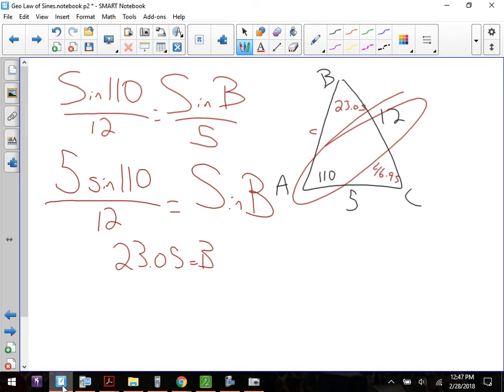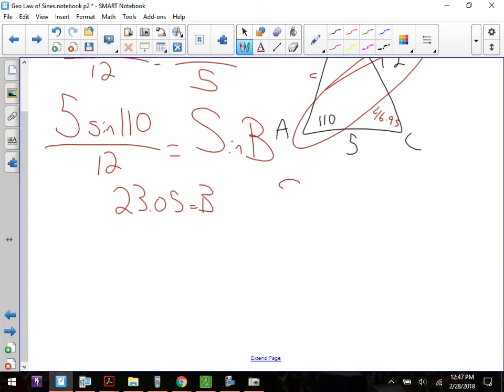And then I have to use law of sines one more time to find the missing side. Okay. So we have sine of 110 is to 12, and so on.